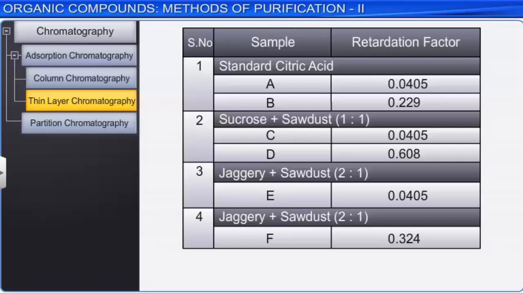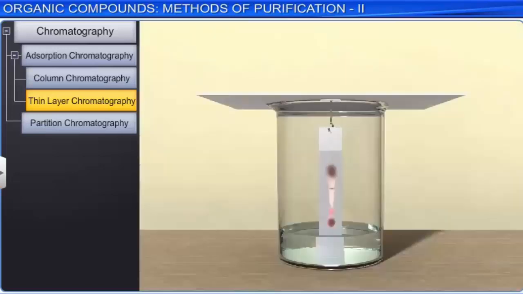The components are separated into separate spots, appearing from the bottom to the top of the plate. Depending on the degree of adsorption, the separation of the components takes place and leaves different colored spots when the compounds are colored, at different levels of the plate.